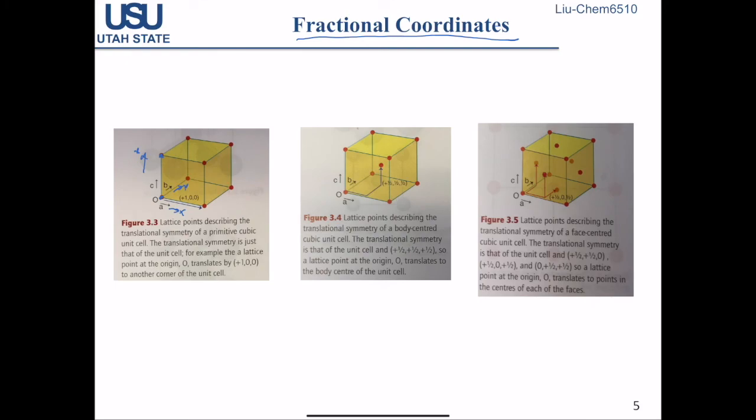Then the coordinates of this point here are going to be 0, 0, 1. And this point, we're going to have 1, 0, 0, okay. So these types of coordinates, we call fractional coordinates, okay.